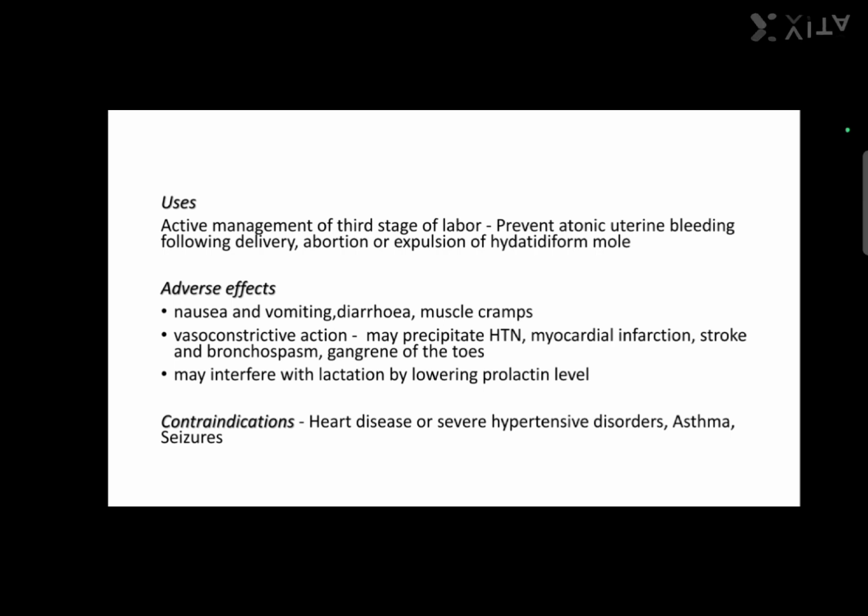Then make sure that if there is atonicity of the uterus, only then can you give methergine. What are the adverse effects of methergine or ergometrin? Nausea, vomiting, diarrhea, muscle cramp.